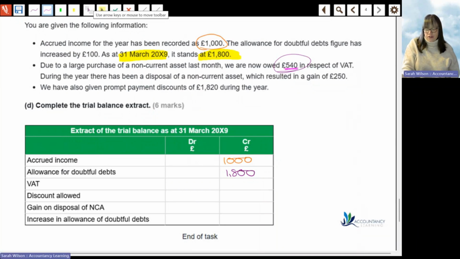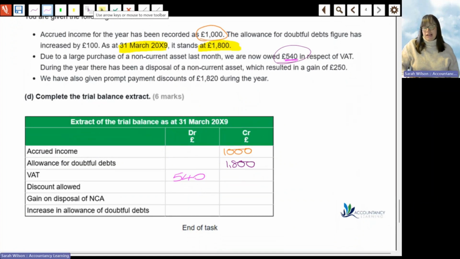So this 540 will show on the TB as a debit balance. The discount allowed. So for discounts allowed, we're told that prompt payment discounts of 1,820, and this is going to be an expense to the business because we've given those discounts to customers.